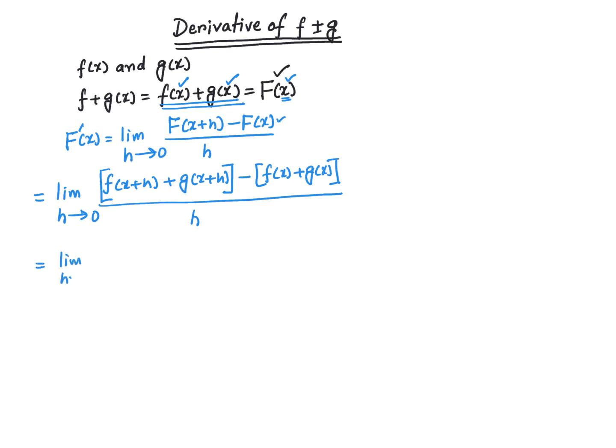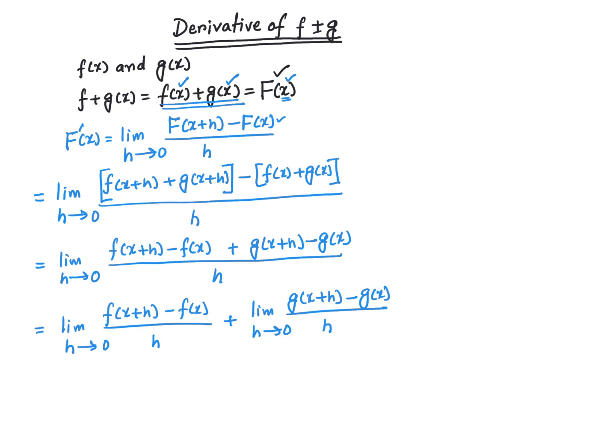Limit as h approaches 0. Now I could break it down into two pieces. Actually, I will just leave it as it is for now and then break it down later. So I could write it as f of x plus h minus f of x, then plus g of x plus h minus g of x, and all of it divided by h.